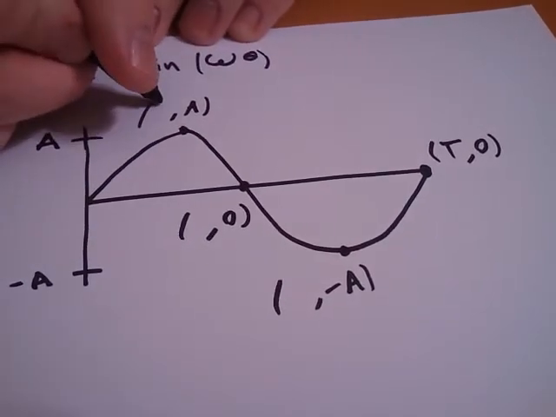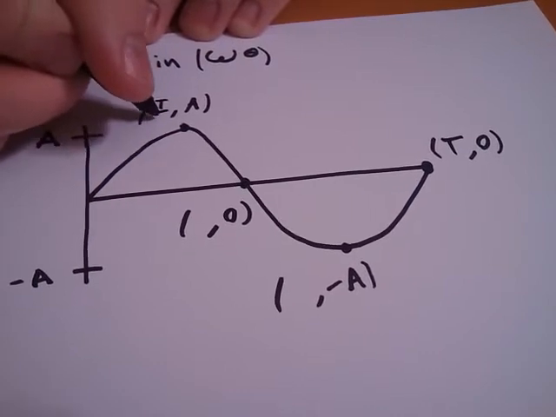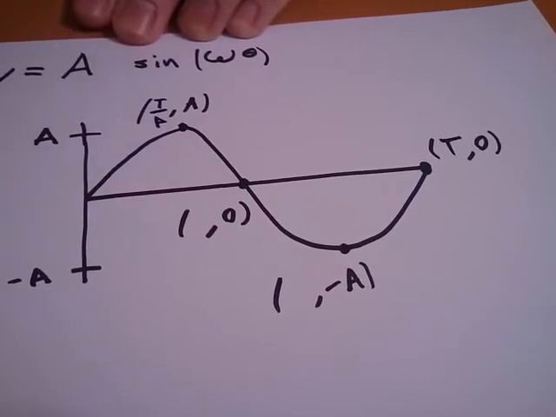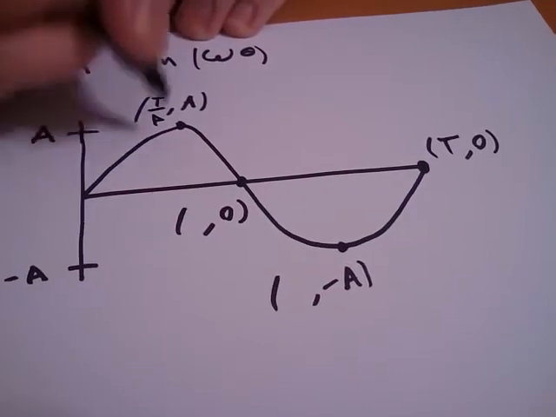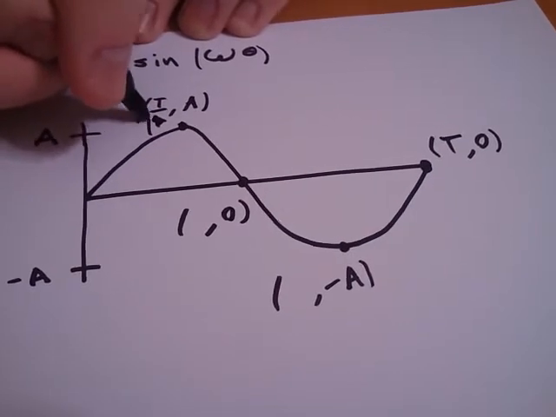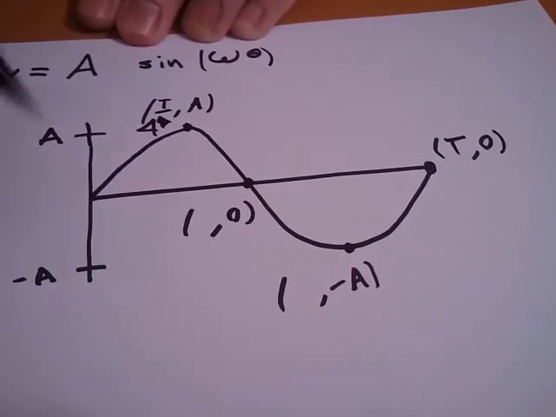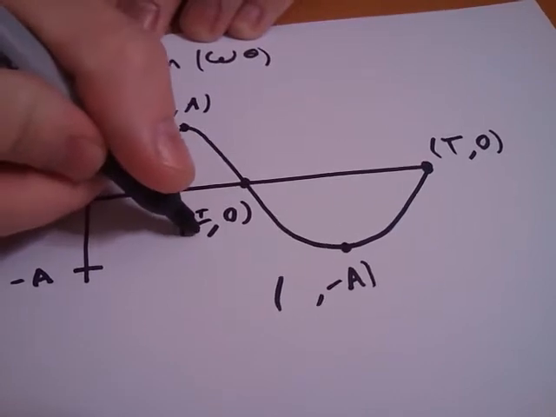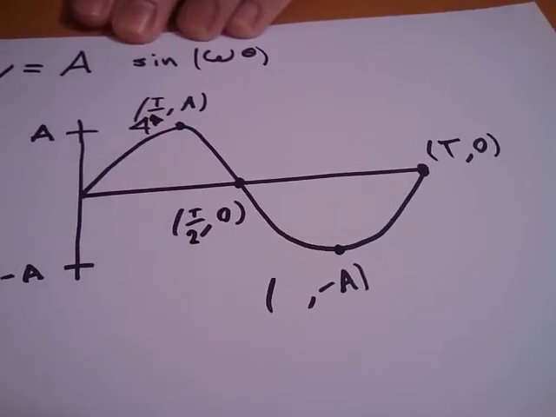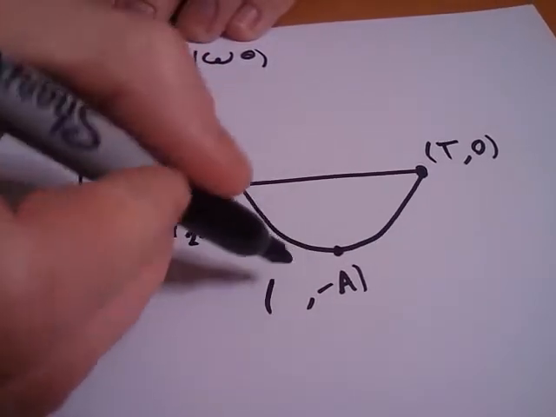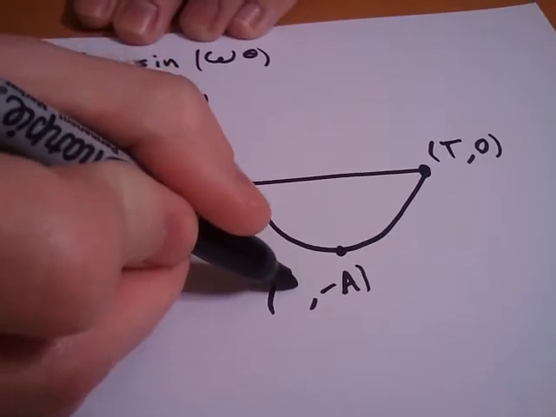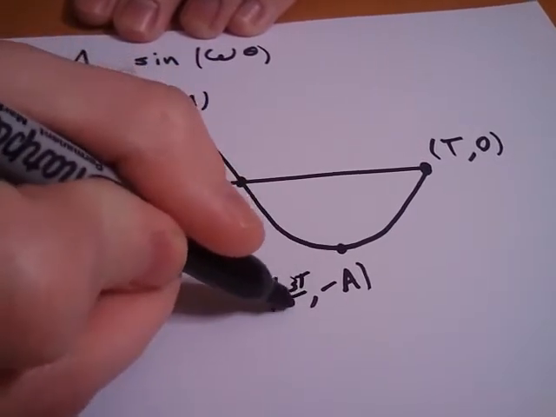So right here, my x-coordinate would be T over 4. That 4 is backwards, I'm writing upside down. This would be T over 2. This one is 3/4 T, so it would be 3T over 4.